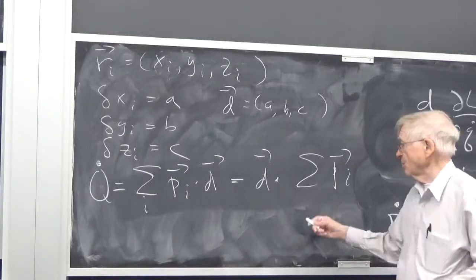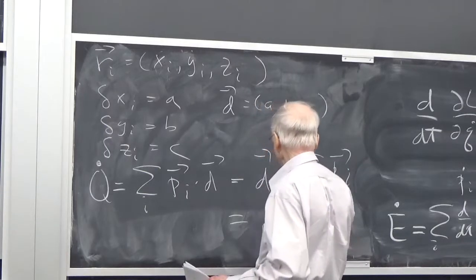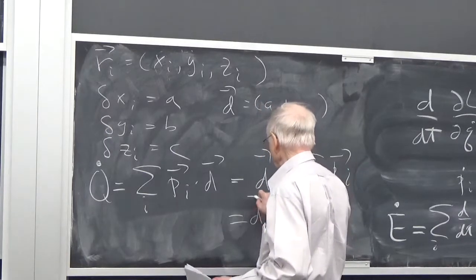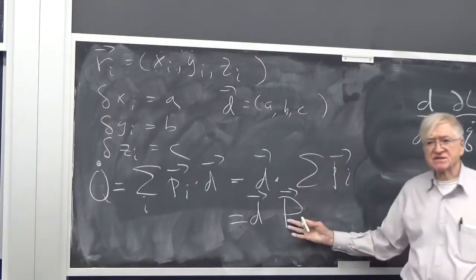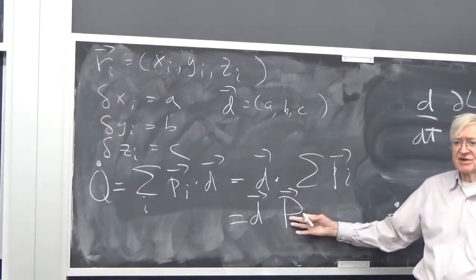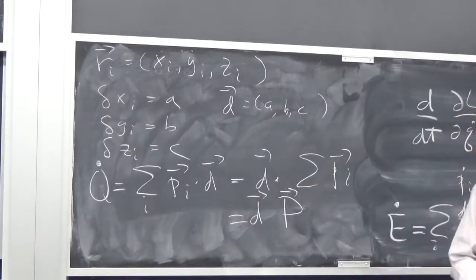And so this is the momentum. And so this says that the total momentum of the system in the direction D is conserved. And since these were arbitrary directions, the whole momentum in any direction is conserved.